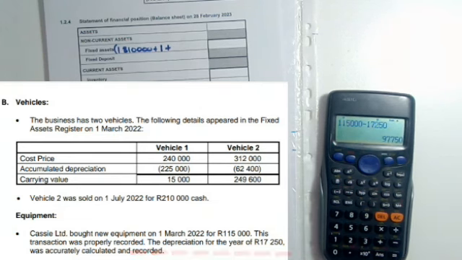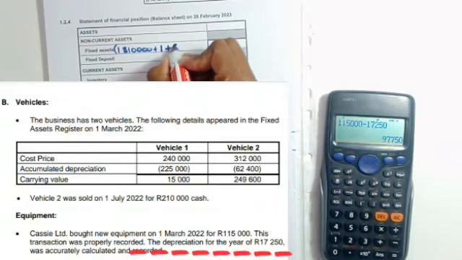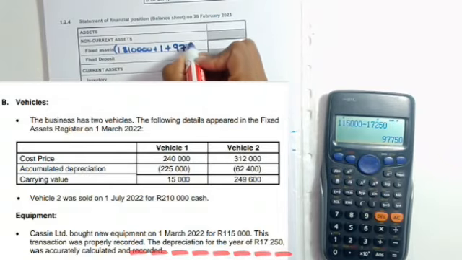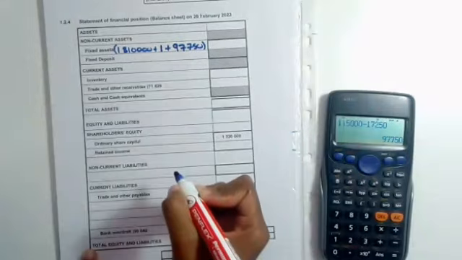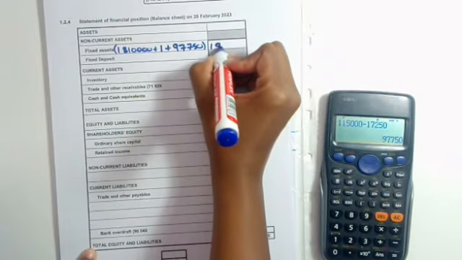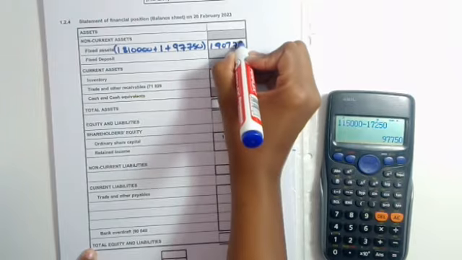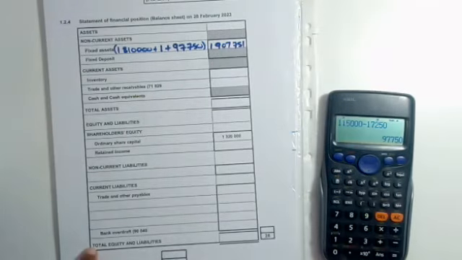So that means the carrying value of our equipment is 97,750. So in total our fixed assets are 1,907,751.